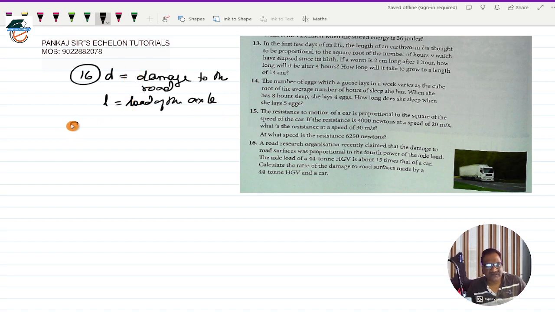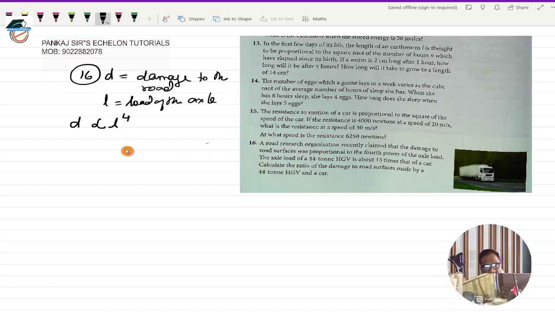The relationship given is the damage is directly proportional to, it is written over here, the fourth power of the axle load. So L raised to 4. Okay, this is the relationship, right? So damage is directly proportional to L raised to 4.